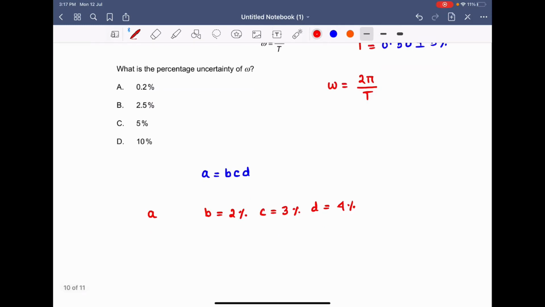So the theory of errors says that first of all you need to identify the variables.